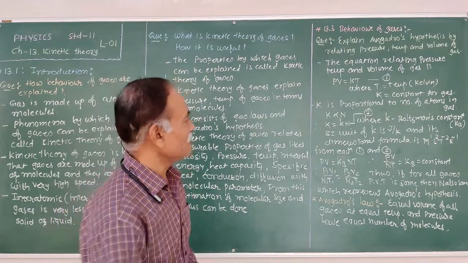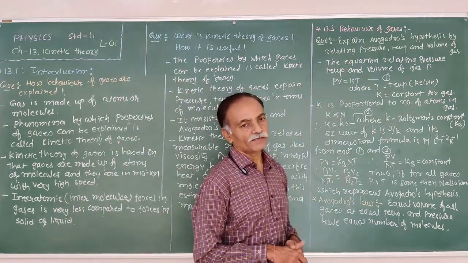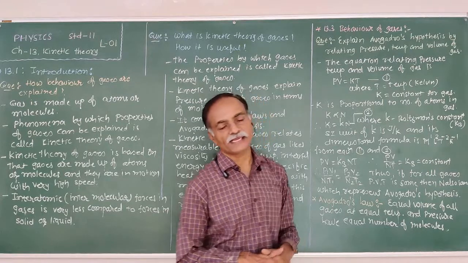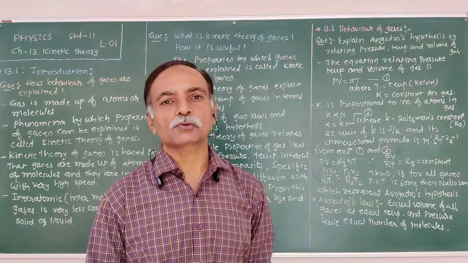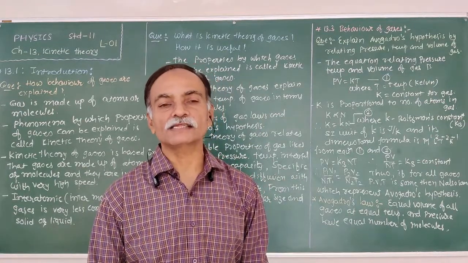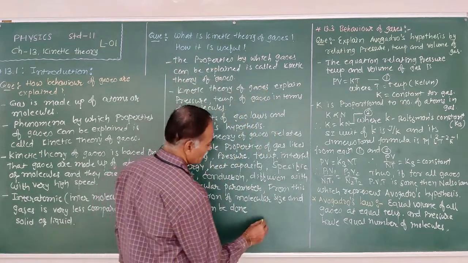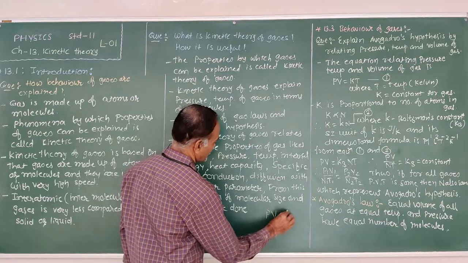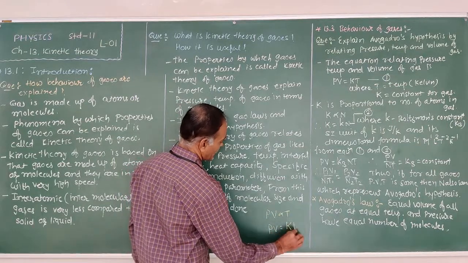Now we know that the equation relating the pressure, temperature, and volume is PV = KT. The product PV is constant at a given temperature. That means that it depends on the temperature. PV is proportional to the temperature T. Therefore, PV = KT.